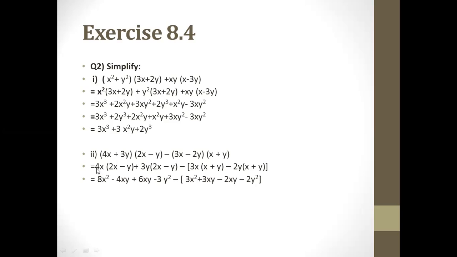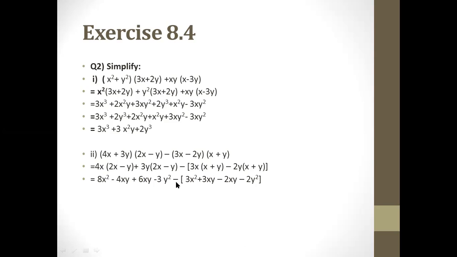Now do multiplication. 4 2s are 8, x multiply x, x square, minus sign, and then 4 1s are 4, 4x into y, 4xy. Different variables, we write it side by side, plus the coefficient multiply with coefficient. 3 2s are 6, y multiply x, xy, minus sign, 3 ones are 3 and y multiply y square.